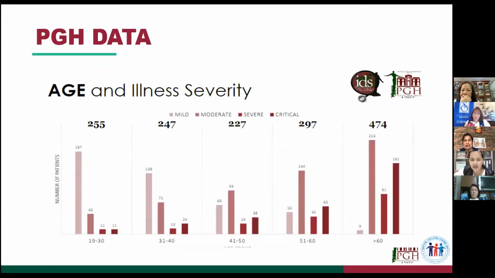Tapos, this one, you would see na habang tumatanda, talagang even sa experience natin locally in the Philippines, ganun talaga experience that the older people are when they get COVID, the more severe and critically ill they end up as.